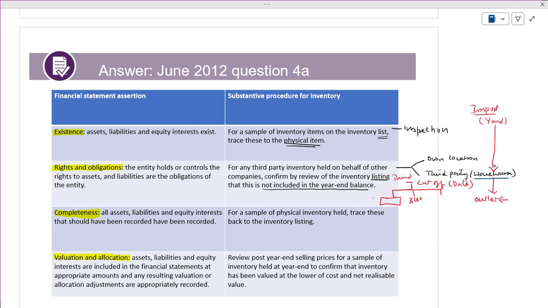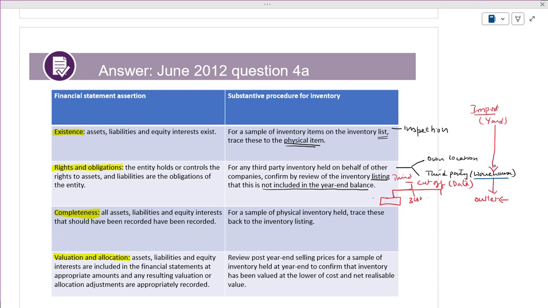Now, the most critical aspect is whether the inventory which has been in the warehouse has been correctly and accurately taken into consideration or not. That is the only purpose: whether we have accounted for all the inventory related to before 31st or not.